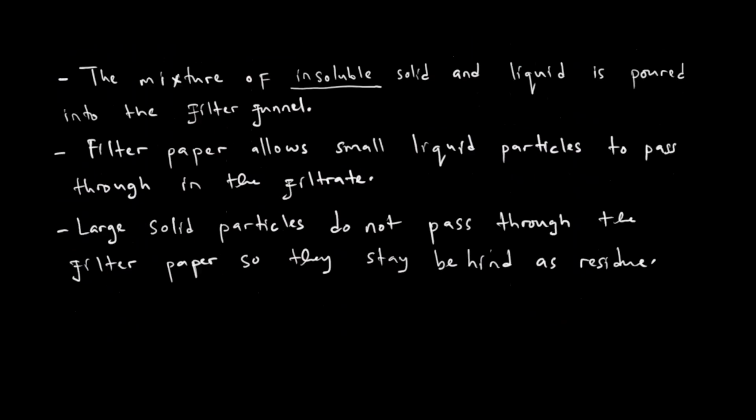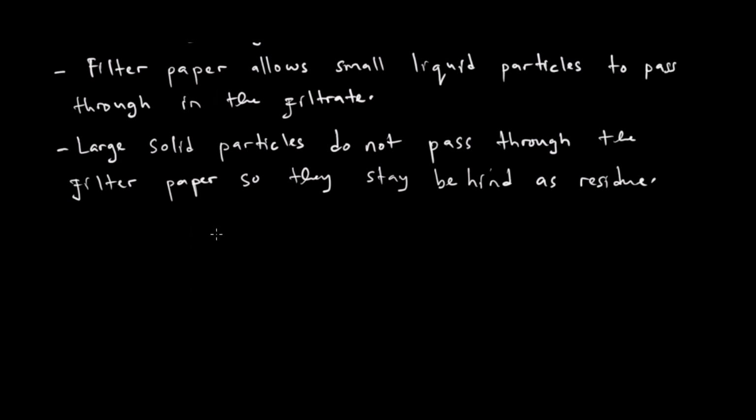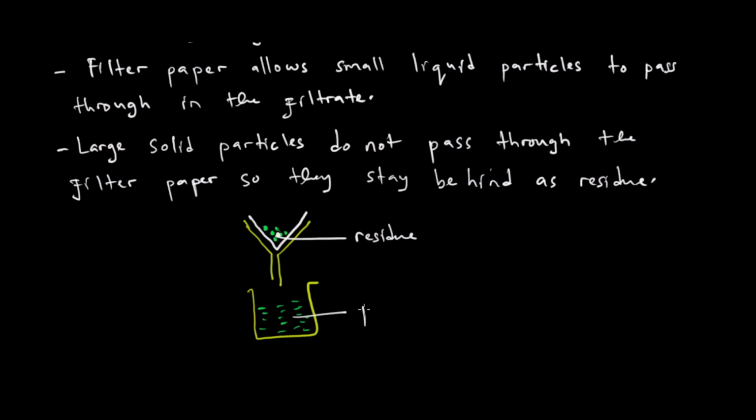So to illustrate it a little better here, we are left with a situation like this. So this is my filter funnel, then let me put my filter paper in it, then a beaker here. So at the end of this process we will be left with sand particles in there, then in the beaker we will have water. So what we are saying here is that the sand particles remain as the residue and the water collected in the beaker is called the filtrate.